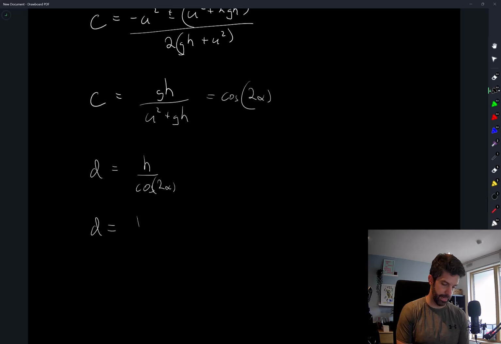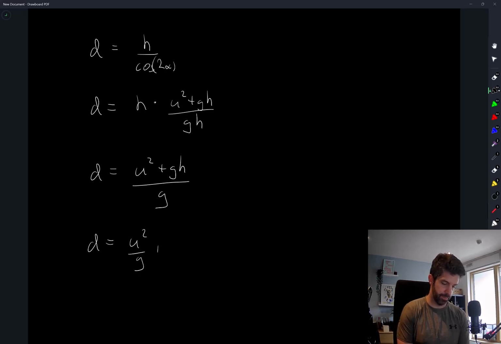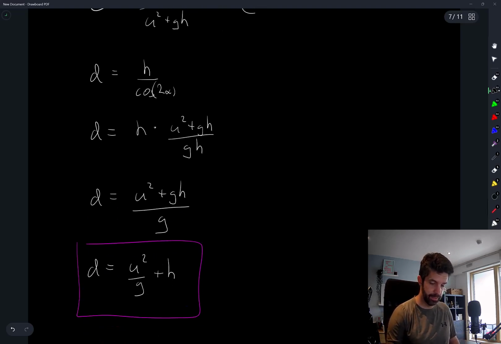So this is equal to h times u squared plus gh divided by gh. So d is equal to u squared plus gh divided by g, or u squared over g plus h, which is the expression that was originally given.